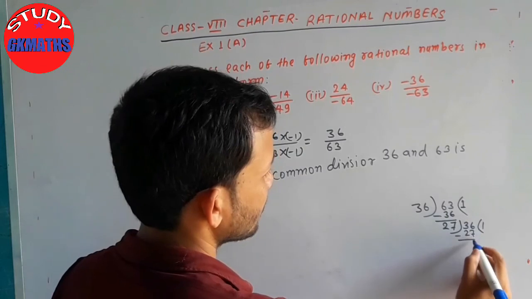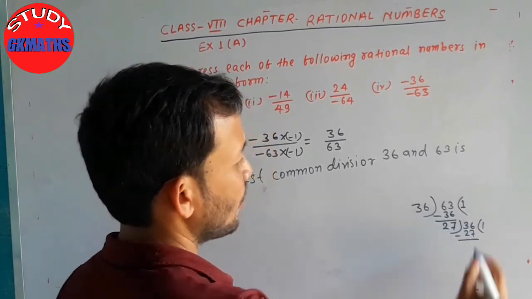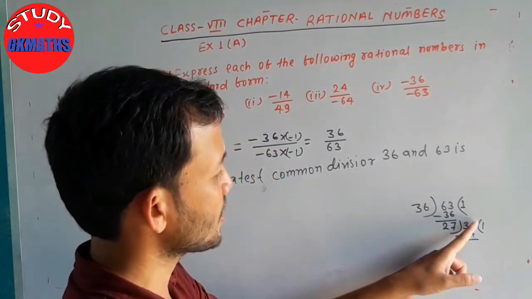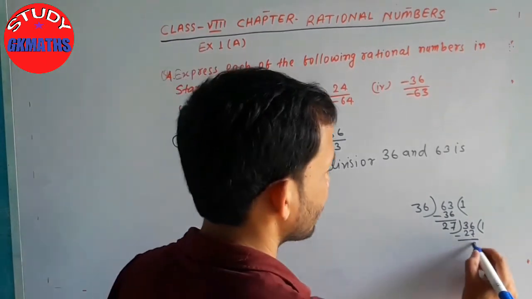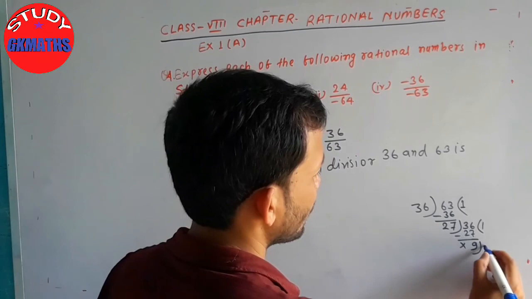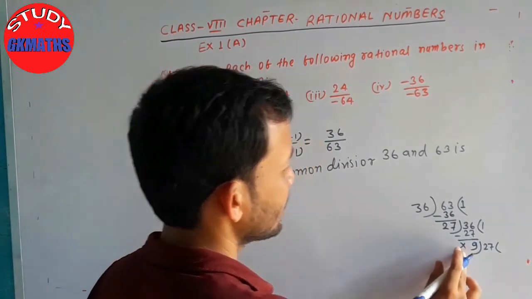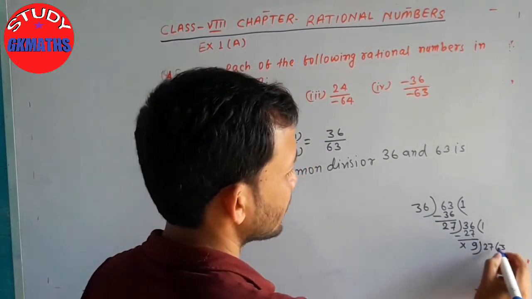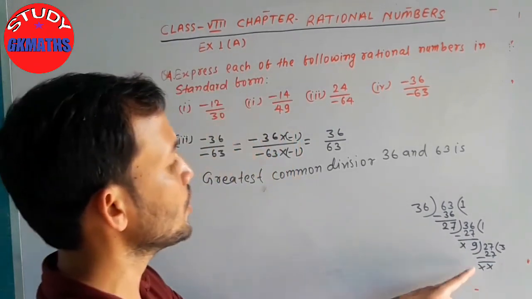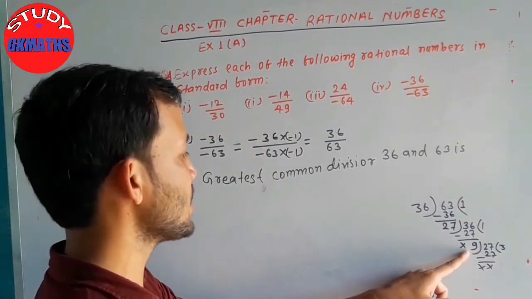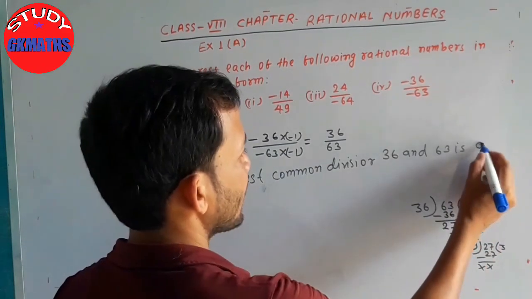Subtract this, the remainder is 9. Now divide 27 by 9: 9 threes are 27. Remainder is 0. So your greatest common divisor is 9.